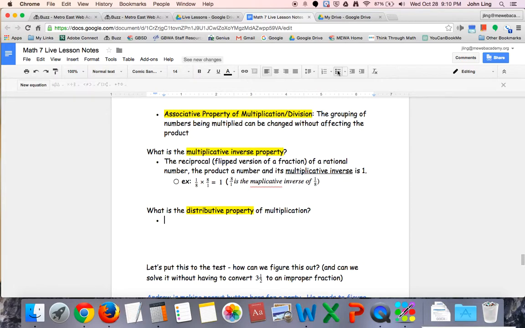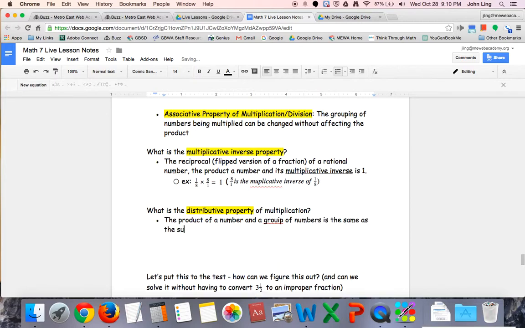The definition is the product of a number and a group of numbers is the same as the sum of the individual products. Now, if you're like me, if I just see these definitions like that, they don't make much sense unless I actually do some examples. So let's do an example here.